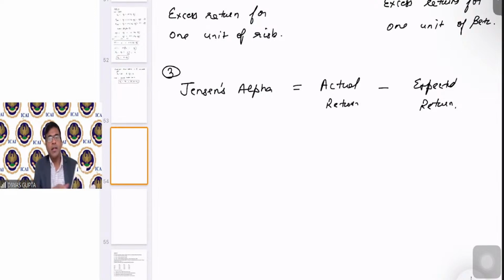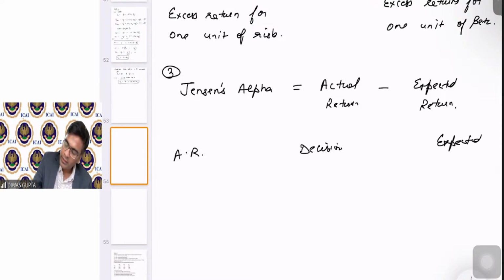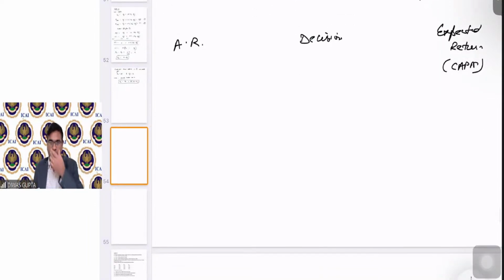So let's say you're getting an actual return, let me just put 2, 3 scenarios. Let's say we are getting actual return here, decision, expected return. Let's say we have calculated using CAPM. The expected return we have calculated using CAPM.